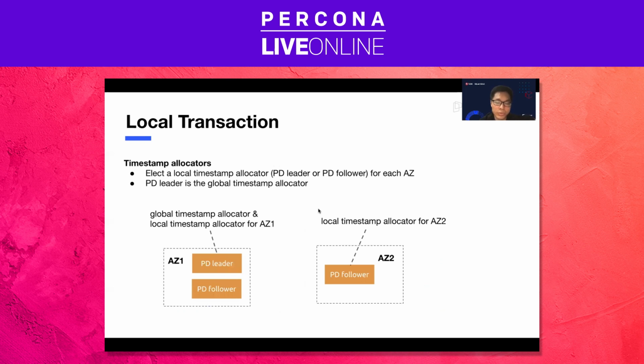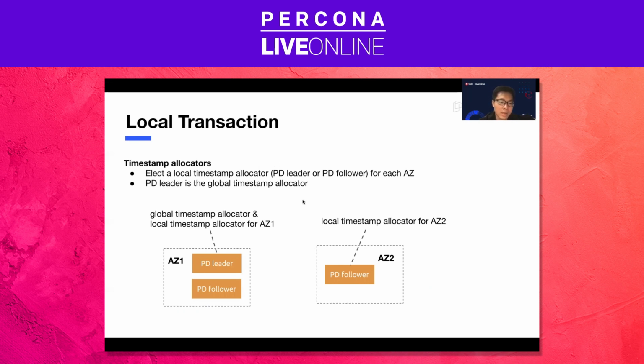Before going further to our solution, let me introduce two concepts: a local timestamp allocator and a global timestamp allocator. Firstly, each zone will elect one timestamp allocator, which can be either a PD leader or PD follower. In this picture, the PD follower in AZ2 is the local timestamp allocator.